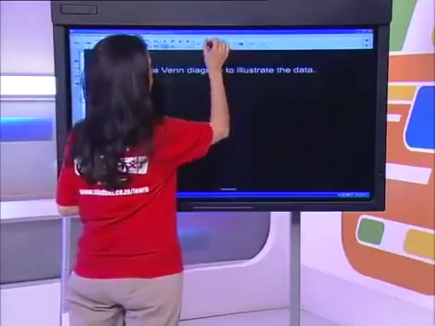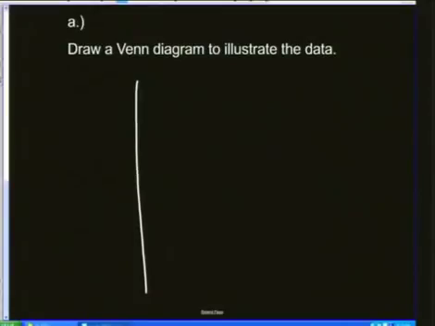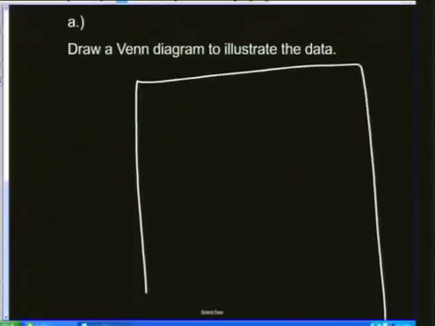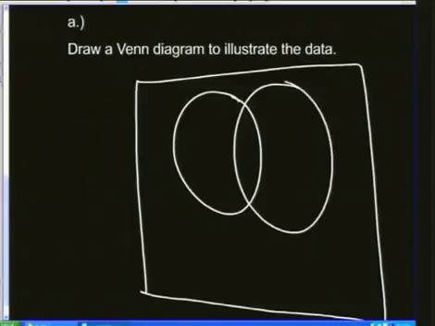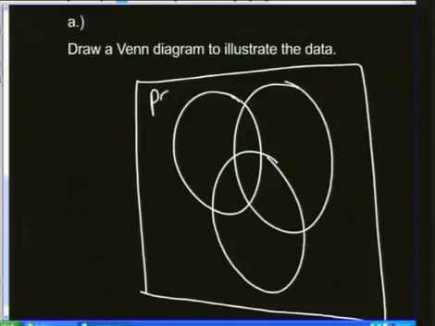We've got our sample space, and in our sample space, we have physical science, life science, and geography. And we found out that the intersection of all 3 is 5. So we can put it in the middle. They take every single subject. So the intersection of the 3.